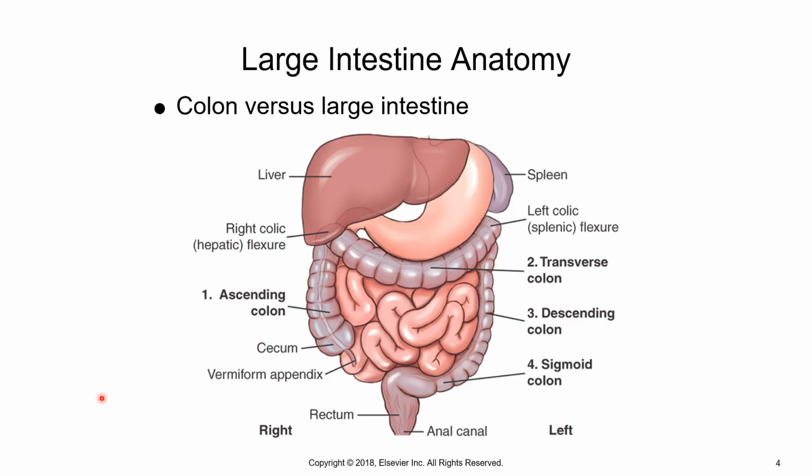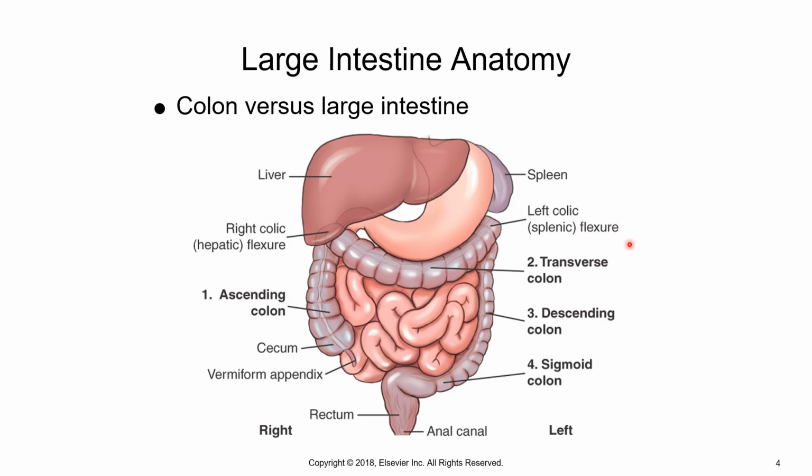So the colon includes the ascending colon, transverse colon, descending colon, and the sigmoid colon. It also includes the flexures: between the transverse and descending colon is the left splenic flexure, and between the transverse colon and the ascending colon is the right hepatic flexure. So those 4 sections plus these 2 flexures is the colon.